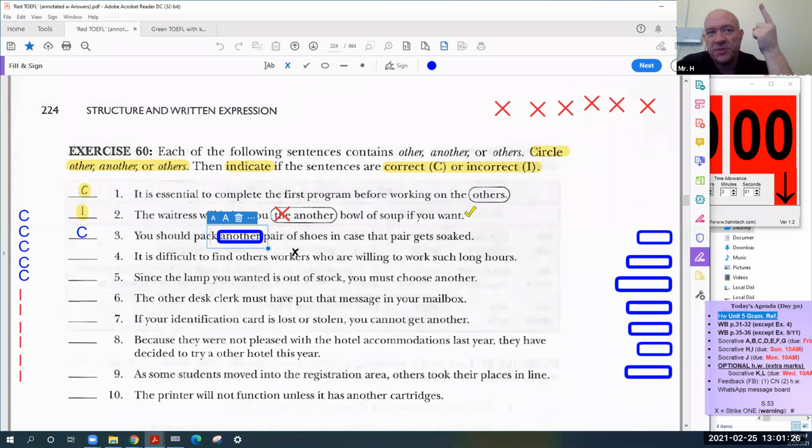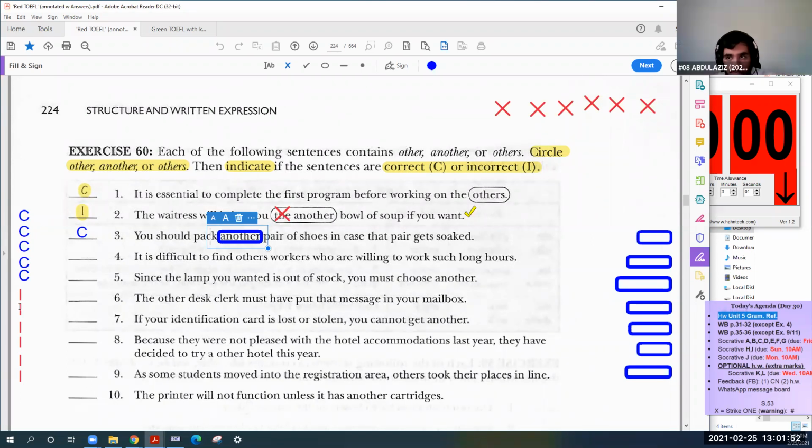And then what else? Is it specific or general? General, not a specific pair. And then what's the third thing? Plus a noun. So it's an adjective, right? Yes, very good. Correct.